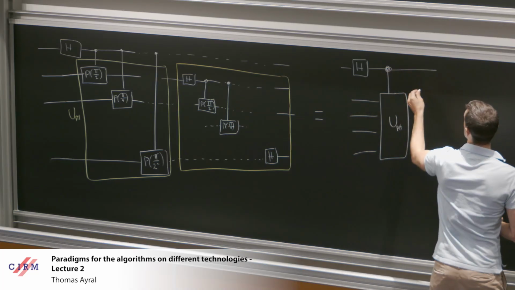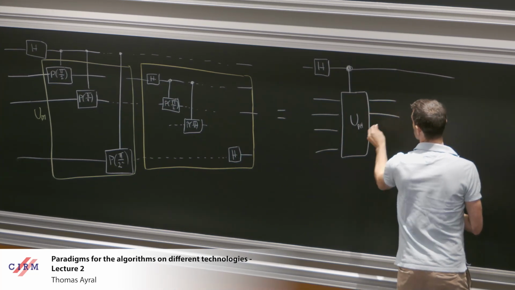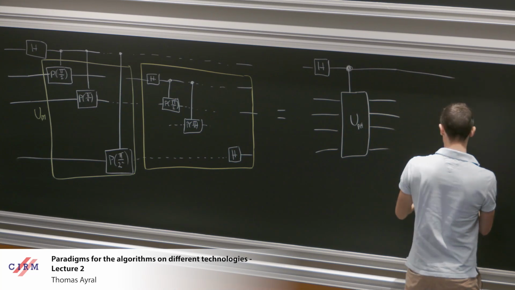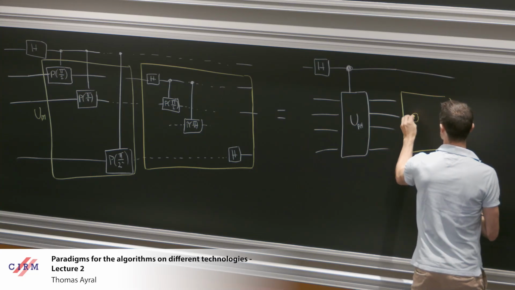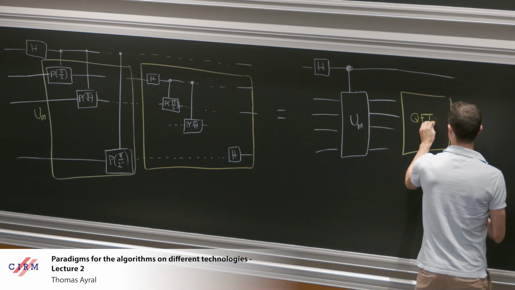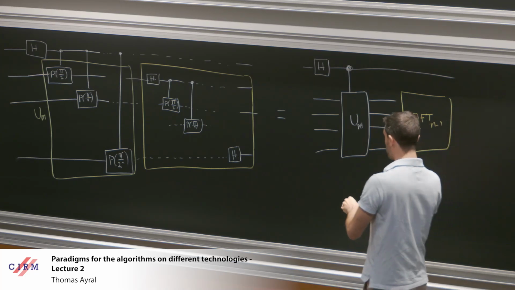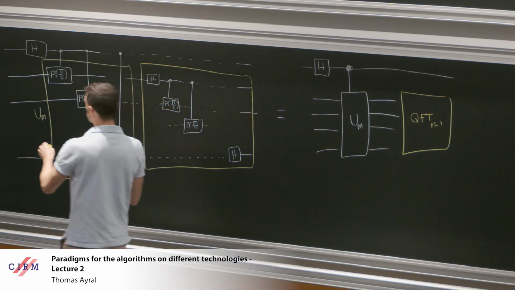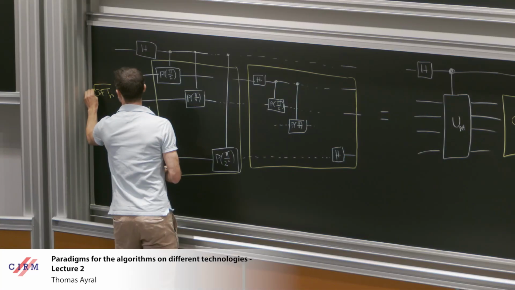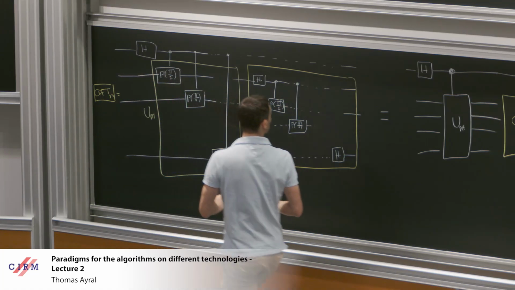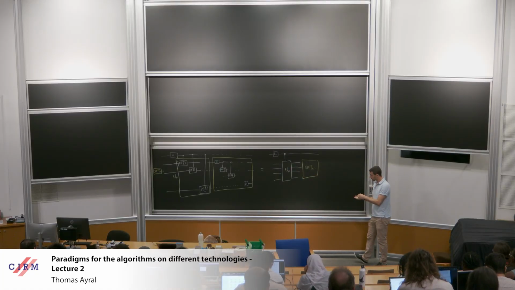And then this qubit stays unchanged. And all the rest, you apply the block here, which I'm going to call QFT n-1. So in other words, QFT on n qubits, which is this here, equals this circuit here.